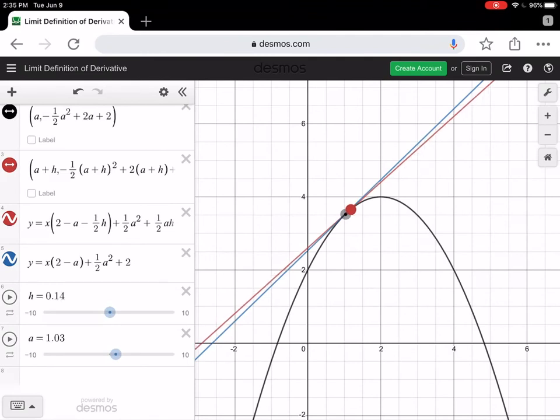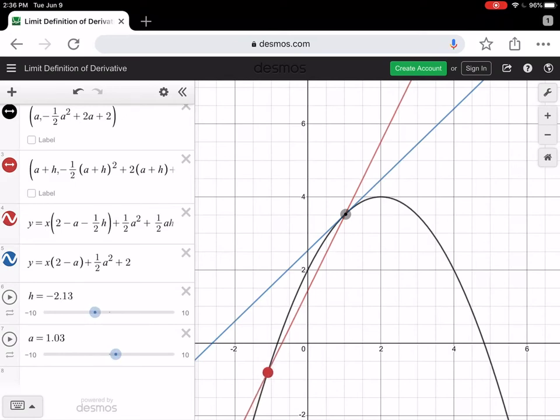It's falling almost right on top of it, and what's happening to h? That h is getting smaller and smaller until all of a sudden, hey, look at that. Now I have pretty much the exact same line, which is what I want. Same thing happens from the other side too. If you wanted to start over here, now h is just a negative distance, which means it sits on the left side of a.